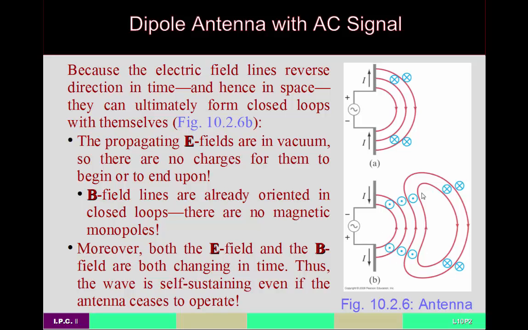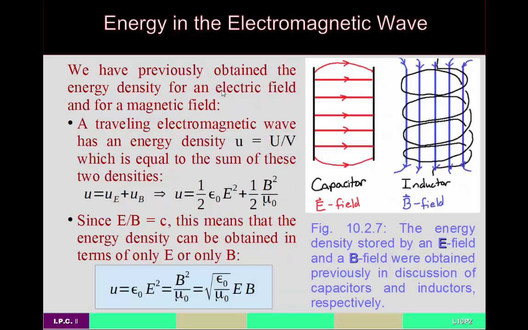What it means is that the already produced waves will continue to propagate even after this stops. So this wave will just keep moving to the right until it either collides with something and is absorbed or reaches infinity. So that is the production of electromagnetic waves, or a simple version of the production of electromagnetic waves.